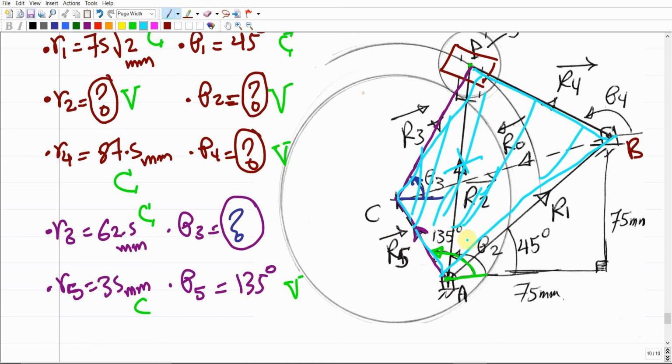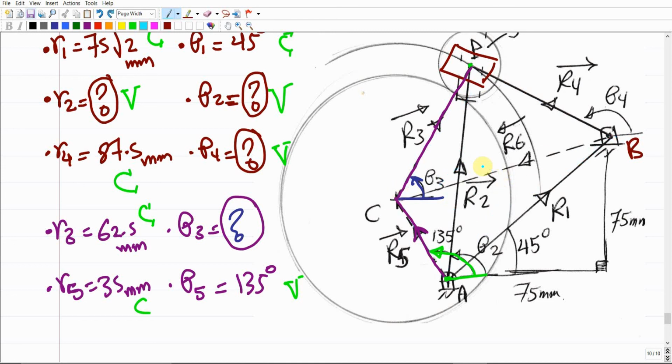This loop will include only 2 unknowns, theta 4 and theta 3. R5 is fully defined, R1 is fully defined. So we're gonna end up with a loop with only 2 unknowns. Then once we find these 2 unknowns, theta 3 and theta 4, we can simply solve for R2.